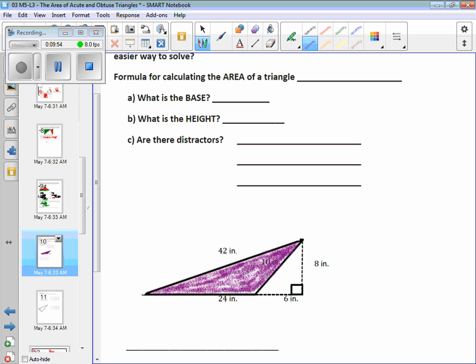Okay, the formula part is easy. Base times height divided by 2. But we've got to determine, again, trash versus treasures, what's base, what's height. Formula is still A equals base times height divided by 2. Okay, here comes the important question. What's the base? Actually, this one's not too bad.